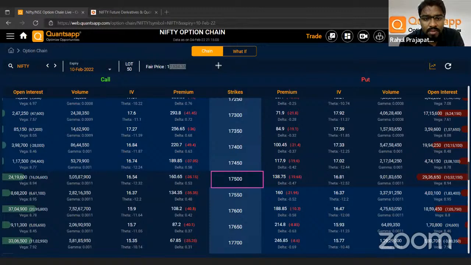We assume that the market has touched these levels and reached this point. These are the lowest levels, like 17,300, 17,400, 500, and the market is trading at this level. So the market has already achieved these levels and is standing at this point. Now it wants to go further up. Those levels which the market has already achieved while going up, these are all in the money options.